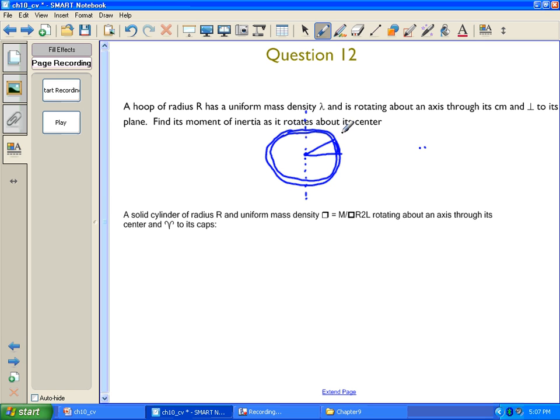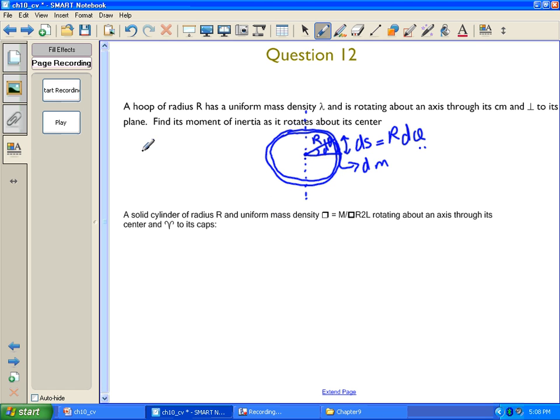Right here's our little dm. Now this, of course, is our d theta, this, the little arc length of this little mass element is ds, which we also know, if this is the radius, which by the way is constant in here because all the little mass elements are a distance capital R from the center of rotation. So ds is r d theta, and this is our little dm.